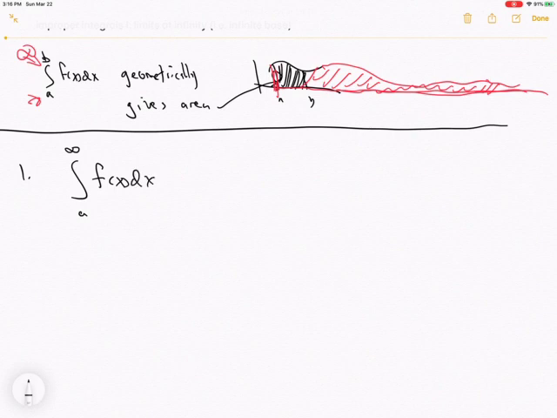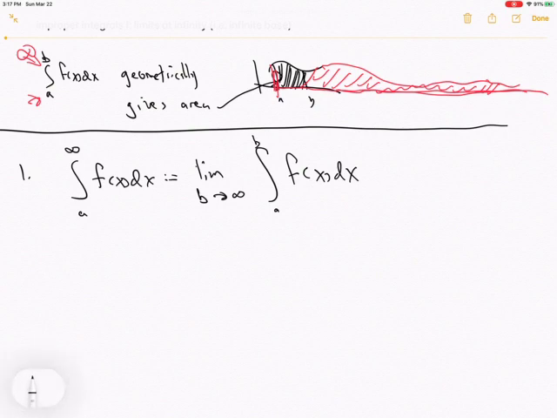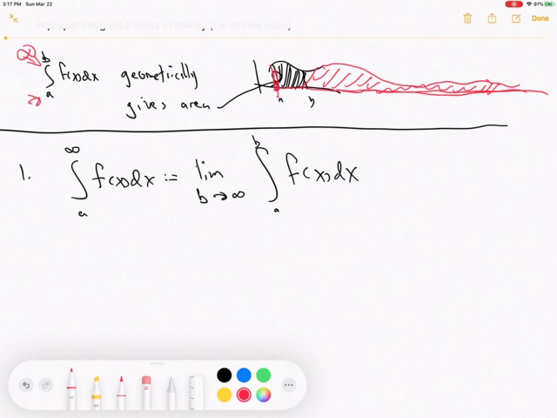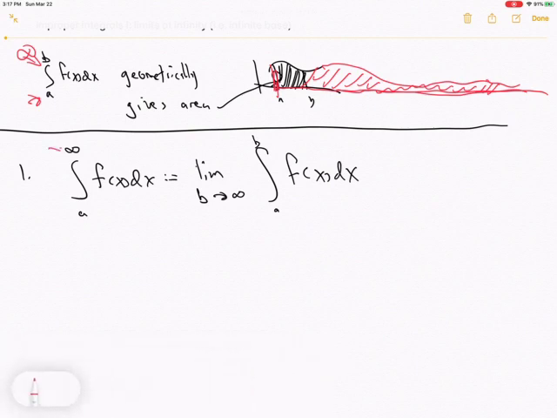We define it using a limit. It's the limit as b goes to infinity of the ordinary definite integral from a to b of f of x dx. That's formally how you define an integral where the limit of integration is infinity.